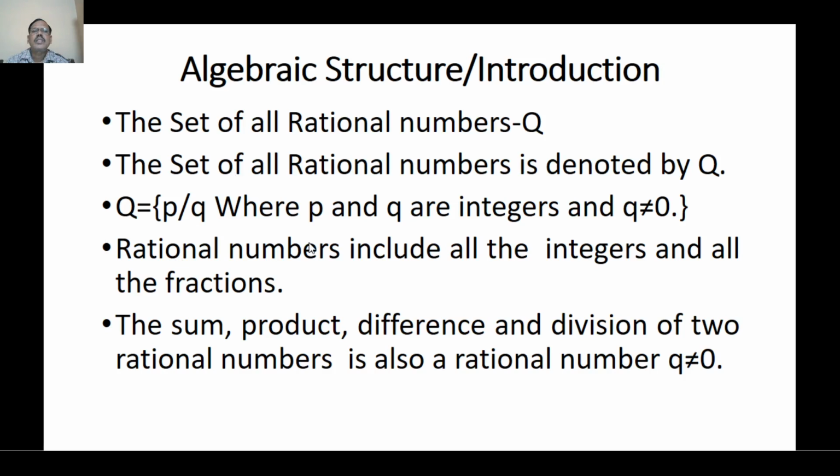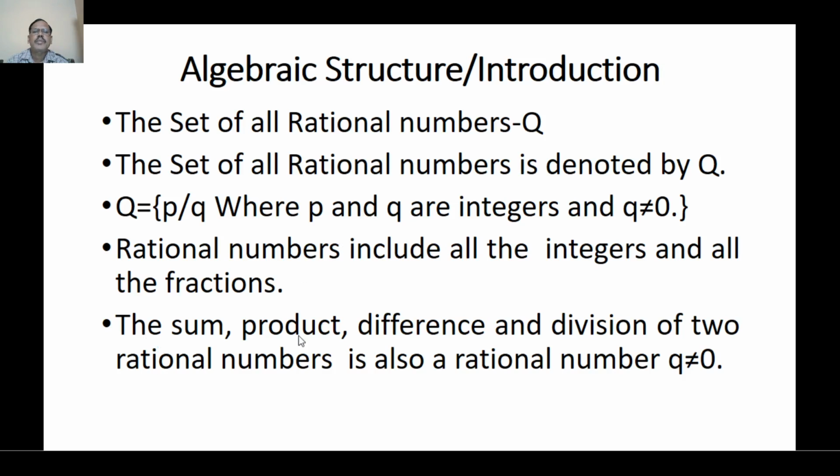So rational numbers include integers and all the fractions. For example 1 by 2, 3 by 2, 4 by 7, 10 by 3 and so on. These are all fractions, included in rational numbers. And integers, say 10, 10 by 1, 5 by 1, 6 by 1, are also in the form of P by Q, and hence they are also rational numbers.